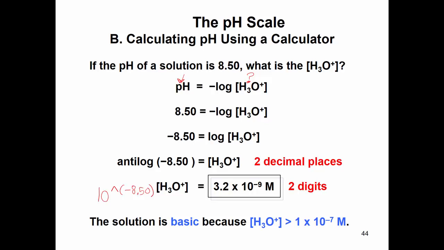All right, this makes sense. Our solution is basic, we knew that. It has a pH of 8.50. That means our hydronium concentration should be less than negative 7, and it is. It's negative 9. So it's a smaller number, and that makes sense because this is a basic solution, so we have less acidic hydronium concentration.